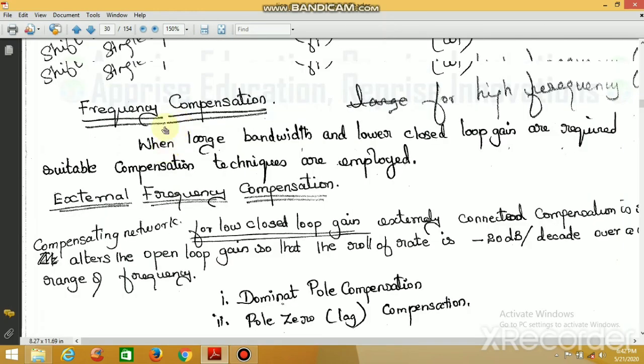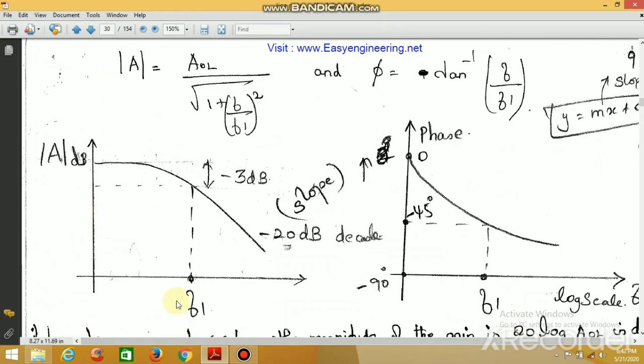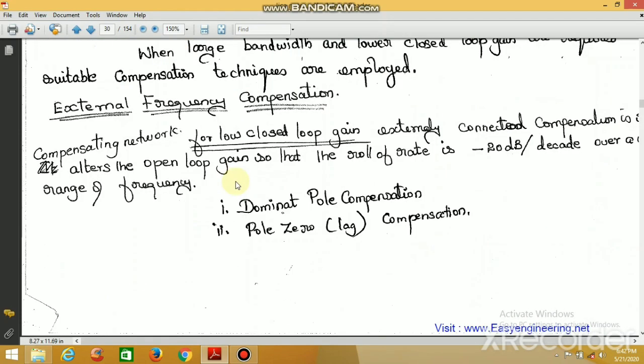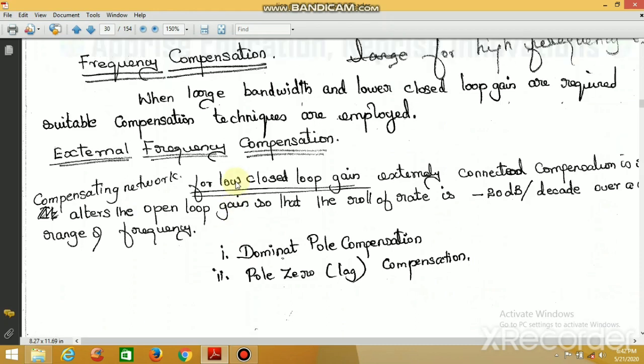So that is the problem. You can see here the frequency is increased and the gain is decreased. In this case, we need to go for some compensation technique to avoid the decrease of gain and to avoid the noises. So we are going for the frequency compensation technique.